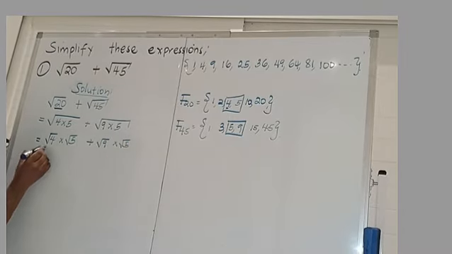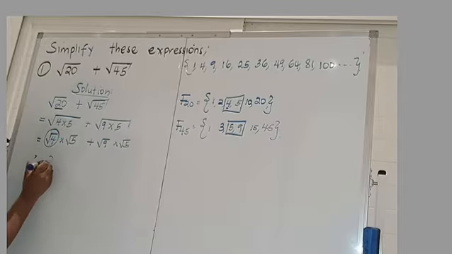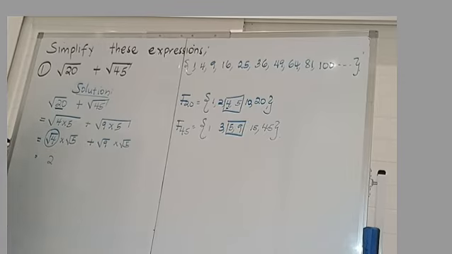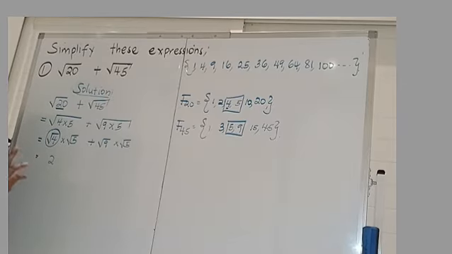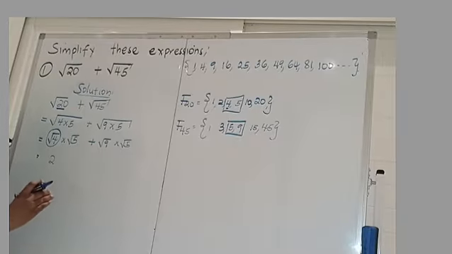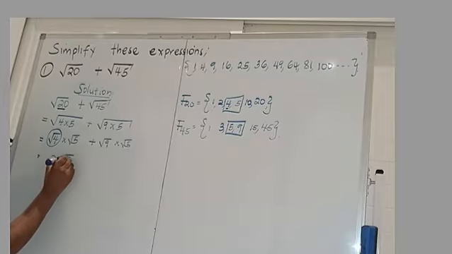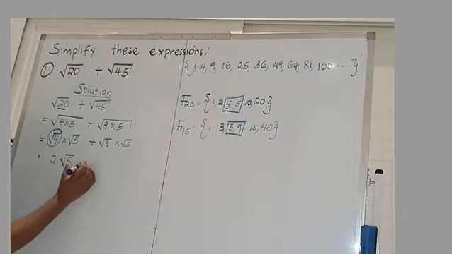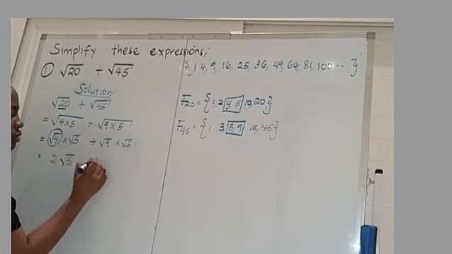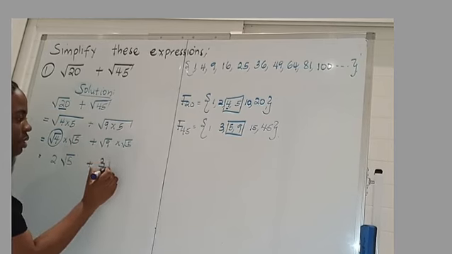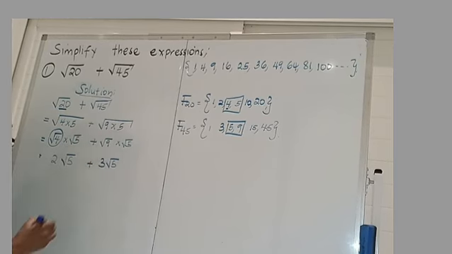The square root of 4 is 2, but we can't get the square root of 5. We shall get a number that is endless. It is an irrational number, so it's better you leave it as a surd under a root, that is root 5. Plus the square root of 9 is 3, and then you put root 5.